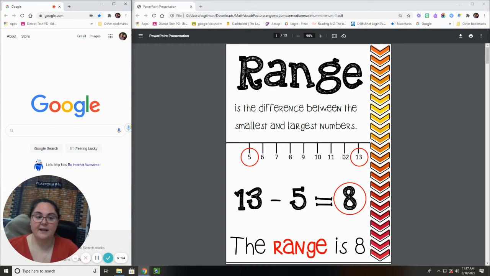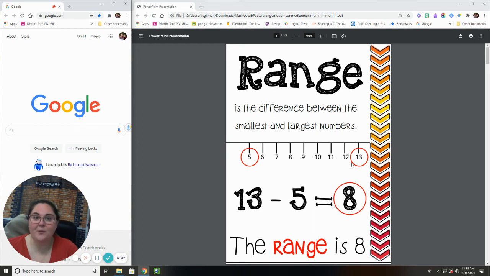So in this one, if my largest number was 13 and my smallest number was 5, my range would be 8. That means there are 8 different growths in this problem. Start at 5 and you can jump 8 times: 1, 2, 3, 4, 5, 6, 7, 8. That's how you find the range.